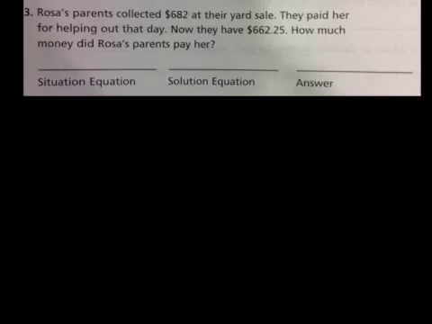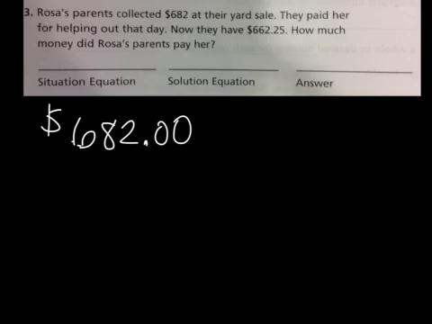Rosa's parents collected $682 at their yard sale. They paid her for helping out that day. Now they have $662.25. How much money did they pay her? So they had $682, and I'm going to write it like this so that I don't forget about that decimal point.